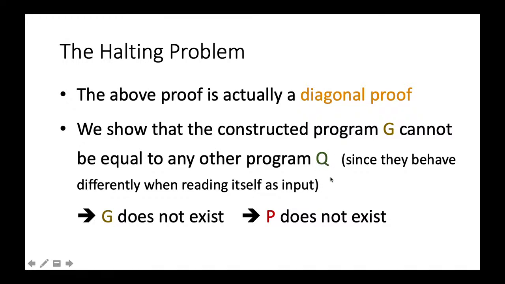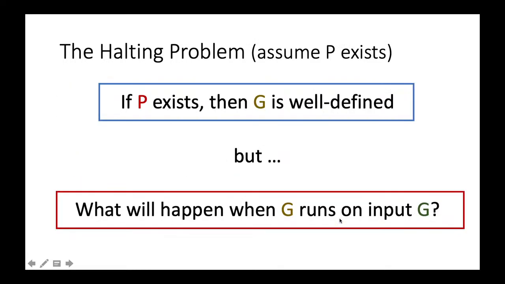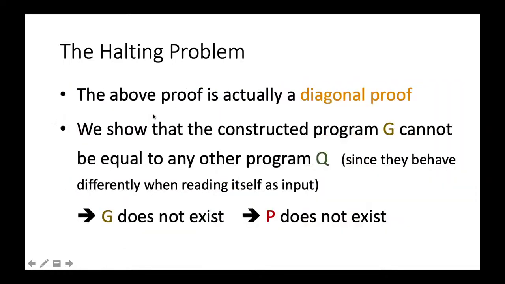Whenever Q stops running on Q, G won't stop running on G. Whenever Q won't stop running on Q, G will stop running on G. So in that case, G cannot be Q. G cannot be equal to any other program. So G does not exist. If G does not exist, then P does not exist. We are using modus tollens, right? If G does not exist, then P does not exist. So in that case, we're done.